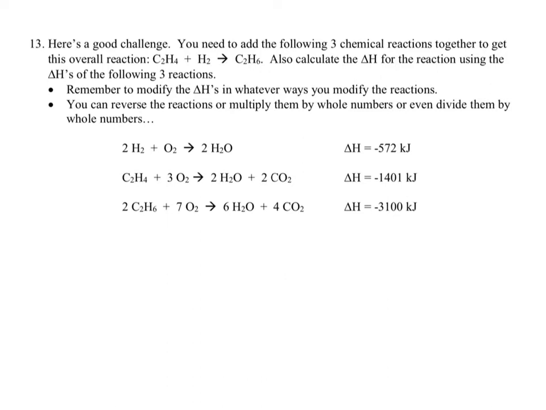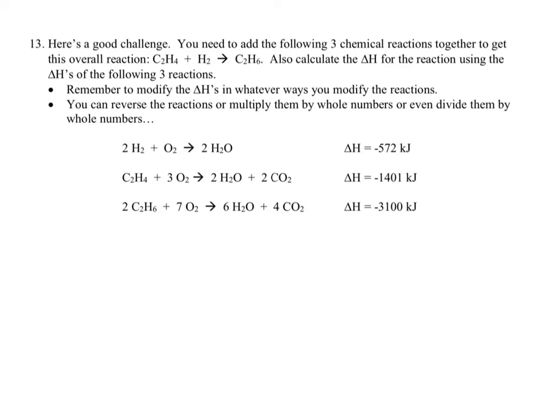Now, if you've gone through the ChemQuest already, hopefully you've learned that if we have to multiply or divide the reaction, then we have to do the same thing to the delta H. And if we have to reverse the reaction, if we have to flip it around, then we have to change the sign on the delta H.